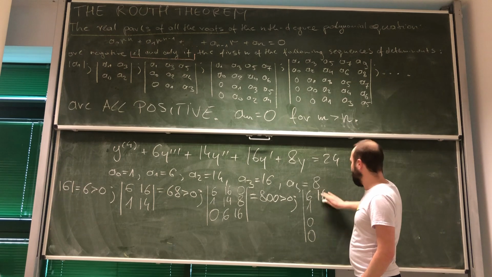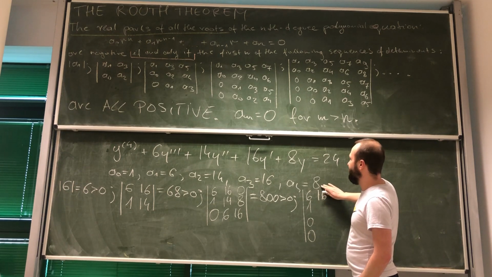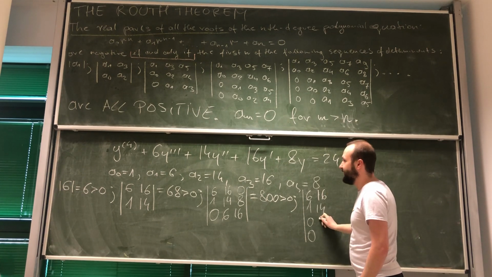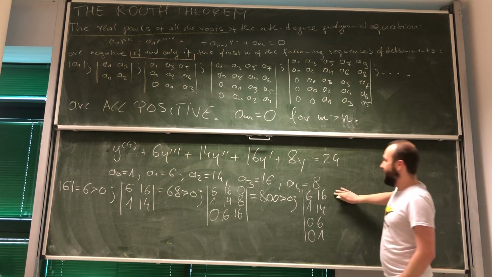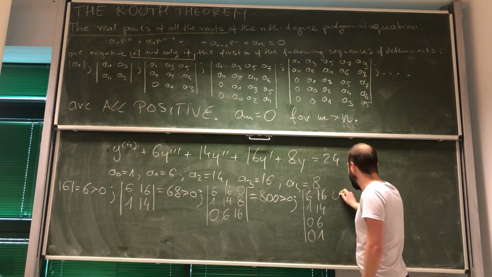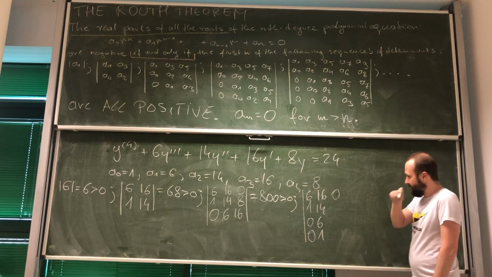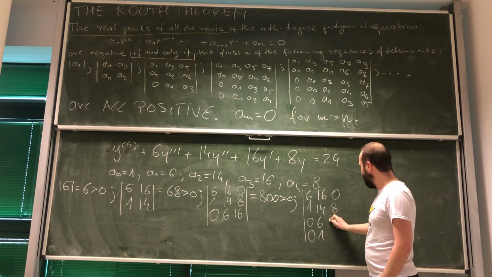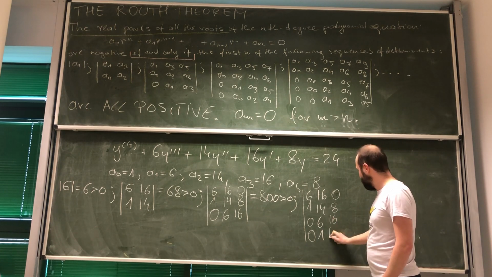A2, A3, which is 16, A2, which is 14, then we've got 6 and 1. Now we should have A5, which we don't have, so we put 0, and then we've got A4, A3, A2.